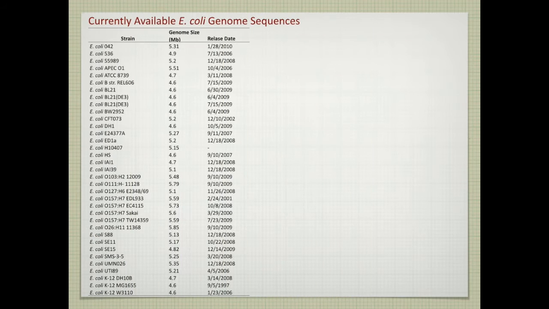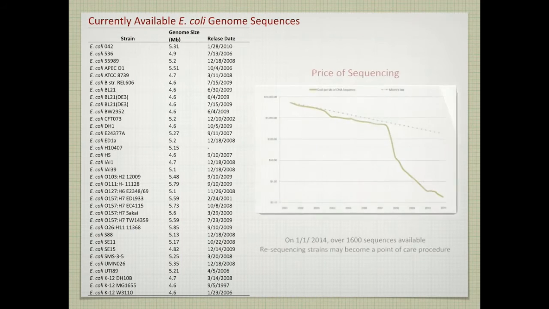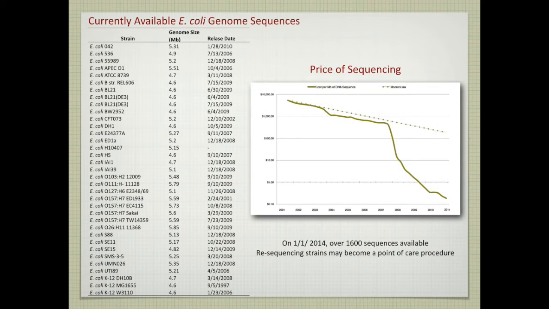I mean, broadly speaking. And here's just a list of strains that's been sequenced, and here's a graph that everybody should see in case you haven't seen it. This is the cost of DNA sequencing per base pair on a logarithmic scale, and that dashed line is Moore's law. Somewhere around 2007, there's this incredible drop in the price of sequencing by logs, within a few years.